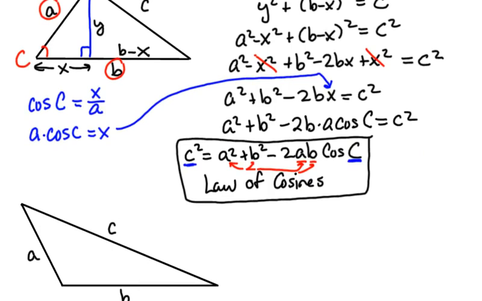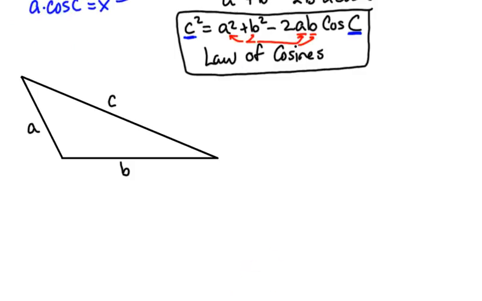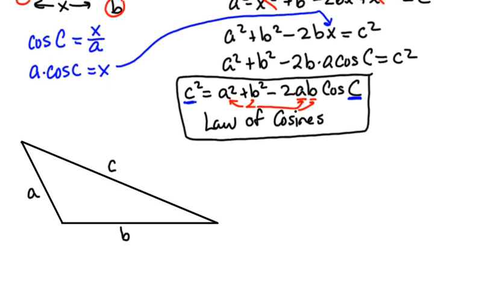Now, one other thing to point out is the difference between when my unknown angle C is an acute angle and when my unknown angle C is an obtuse angle. So let me bring this down here. So let's say in this case my angle C here is obtuse, and this is A and this is B. So I want you to think about the difference in this term.